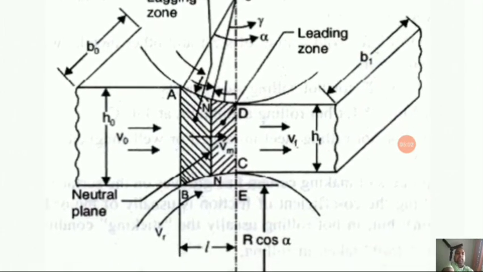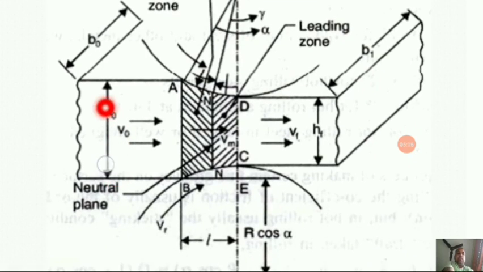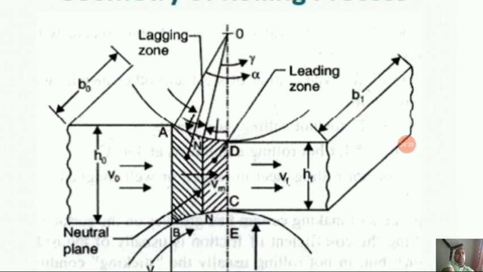So, here you can see over here, H0 was the initial thickness, HF was the final. H0 minus HF will give you the reduction in the thickness. Now, here is the alpha, that is the bite angle, you can see over here.